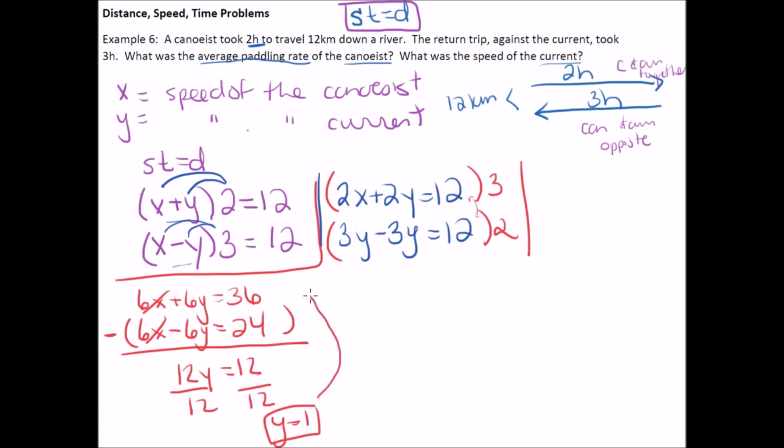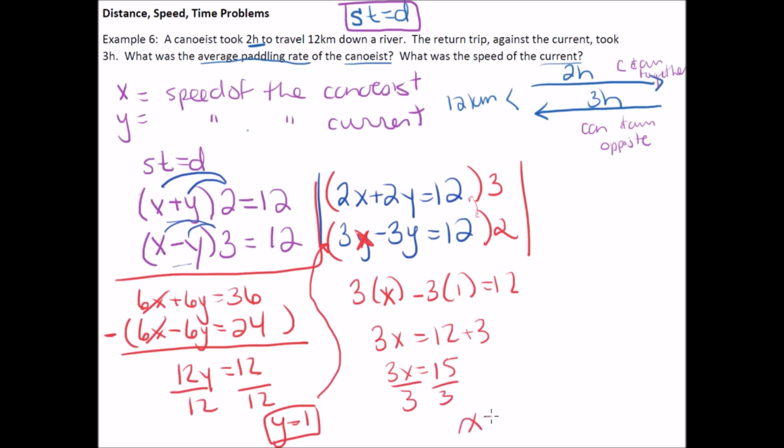I'm going to sub it back into this one here. 3, 1. Oh, sorry, this is supposed to be x. 3x minus 3 times 1 equals 12. So 3x equals 12 plus 3, which is 15. 3x, divide out, I get x equals 5.